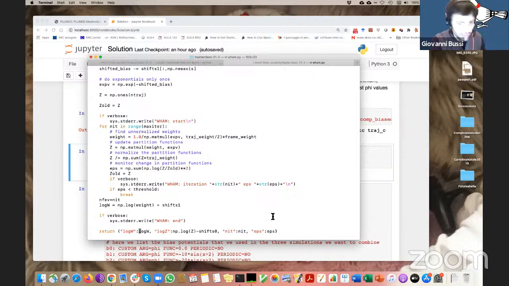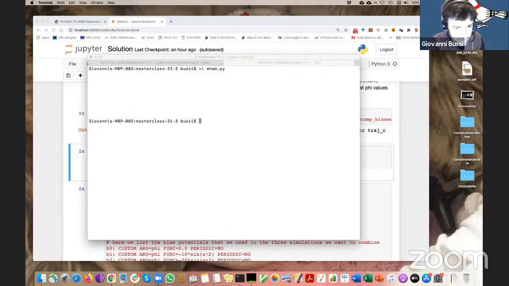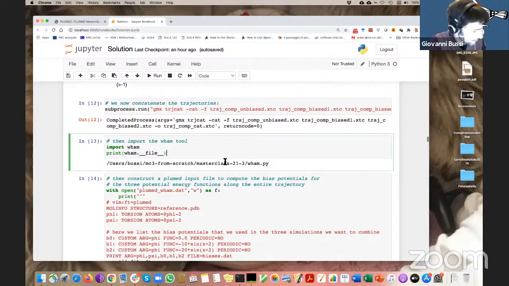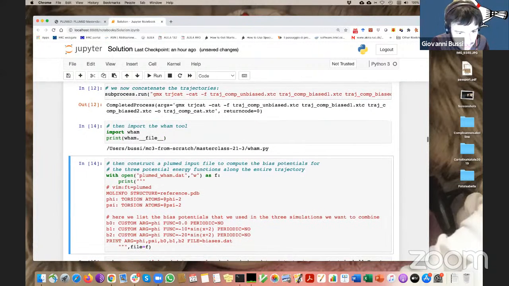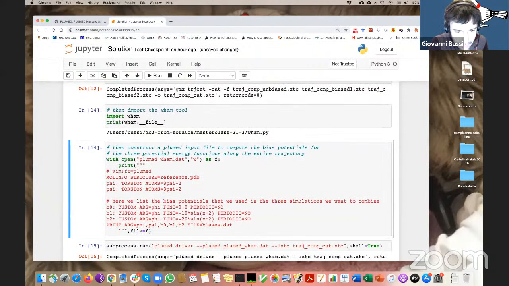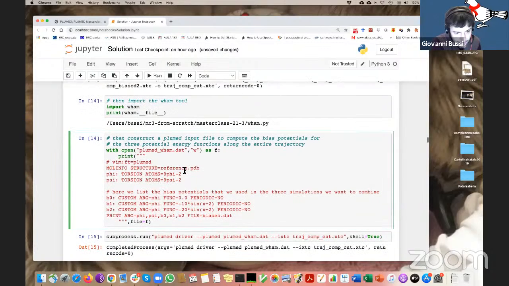So, okay, let's try to use it now. It's loaded. Then we have to remember what we have to do. We have to compute the bias potential that would have been felt in each of the 3 simulations, but over the entire concatenated trajectory. So I will use this file to process the entire trajectory.